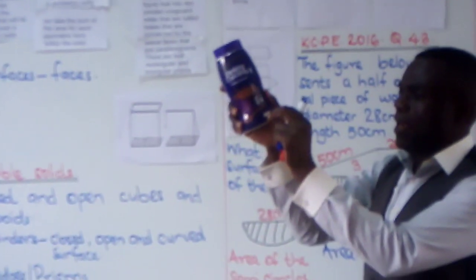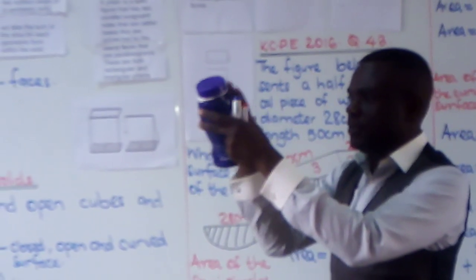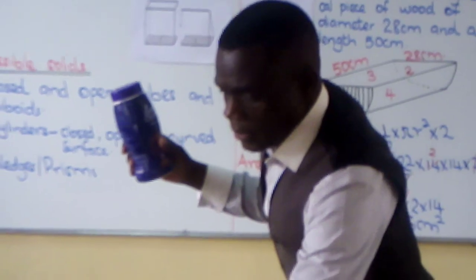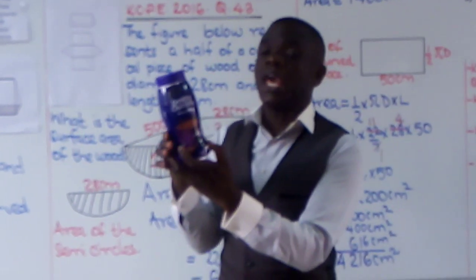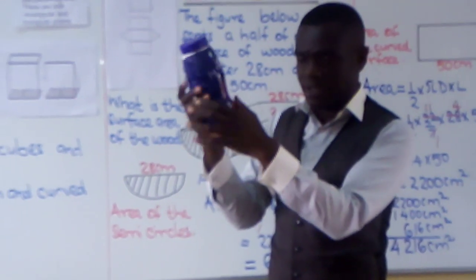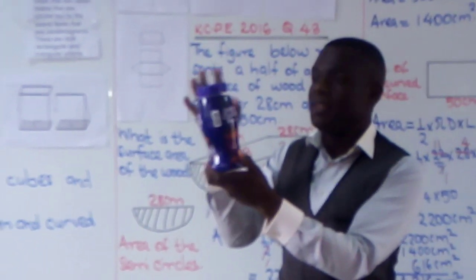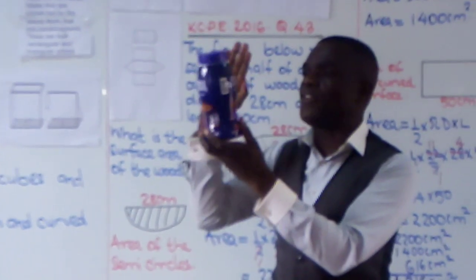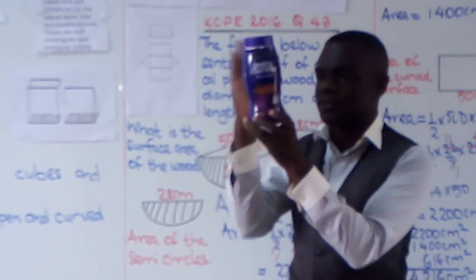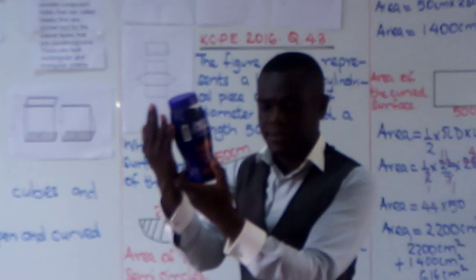This tin has a label wrapped around it. A KCPE exam question can ask you to find the area of the wrapping, the area of the label. That means it's the area of the curved surface. I hope you understand that.